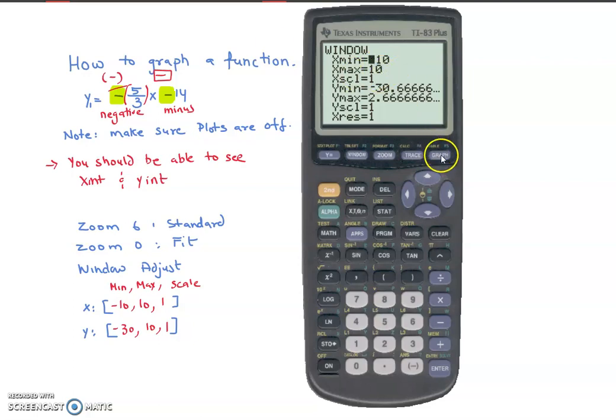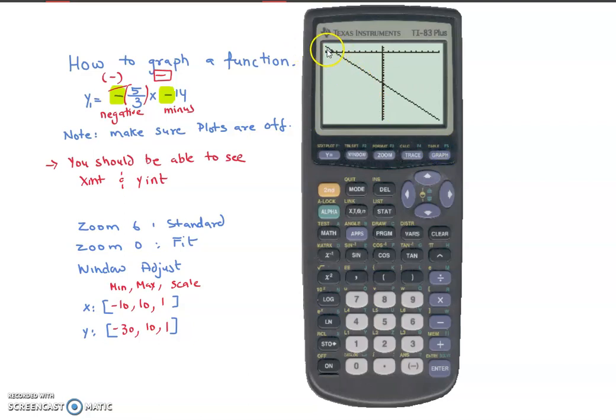If I wasn't happy with this, I would have changed my X minimum even lower, like negative 15 or negative 20, or if I wanted more of the positive side, I would have changed the maximum. But I'm okay with those, so I'm not going to change these two. Scale, I would always just leave as 1.